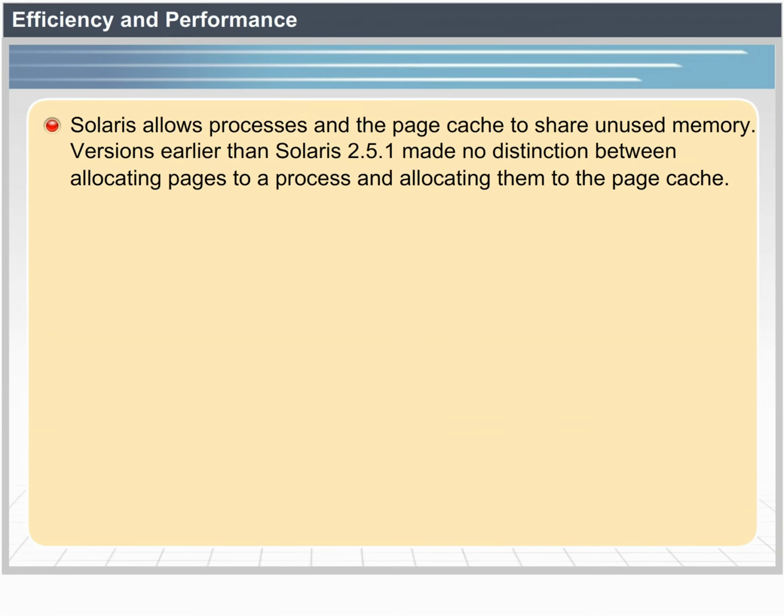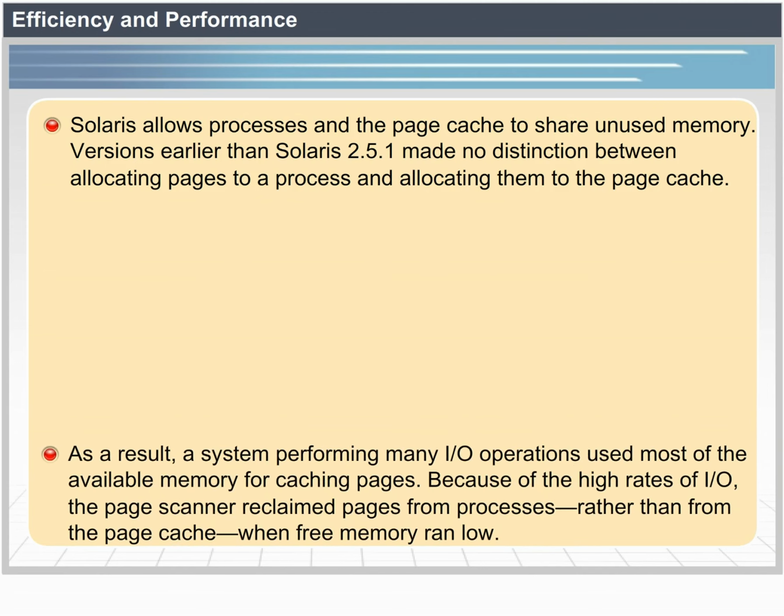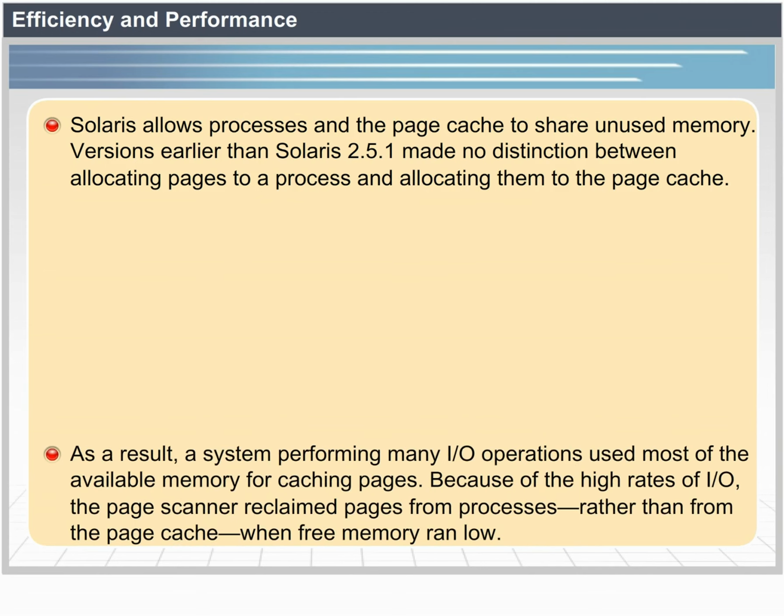Versions earlier than Solaris 2.5.1 made no distinction between allocating pages to a process and allocating them to the page cache. As a result, a system performing many input-output operations used most of the available memory for caching pages. Because of the high rates of input-output, the page scanner reclaimed pages from processes rather than from the page cache when free memory ran low.